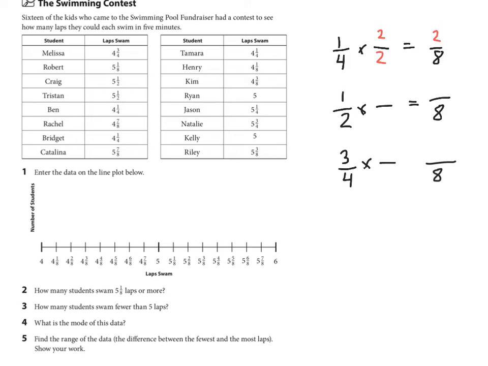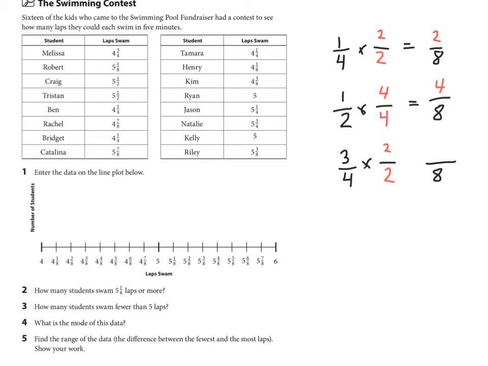So 1/4 is equal to 2 8s. And 1/2, what would you multiply that to get to 8s? You need 4 4/4. So 1/2 is equal to 4 8s. And then 3/4, same as 1/4, you need to multiply by 2 halves, and I'll let you figure that one out. And then you're just going through this data again.